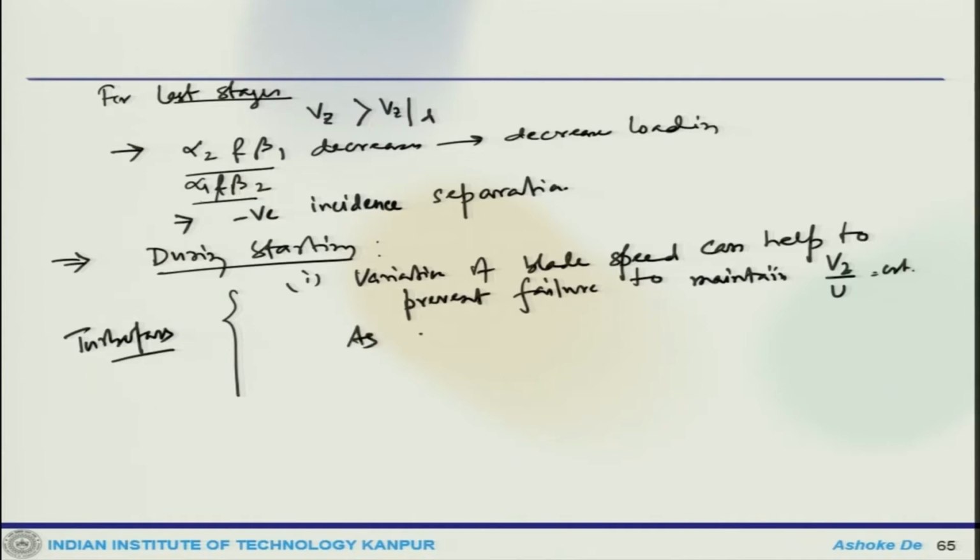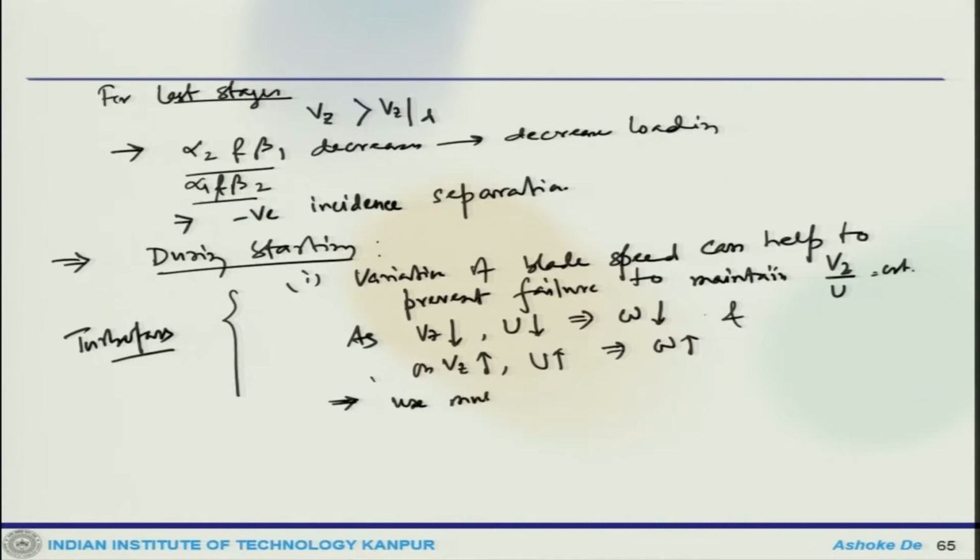So, what happens is, as Vz decreases, u decreases, which means rotational speed decreases, and as Vz increases, u increases, which means rotational speed also increases. Just to accommodate this, one has to use multiple turbines.